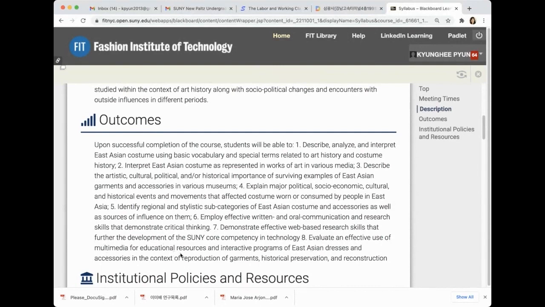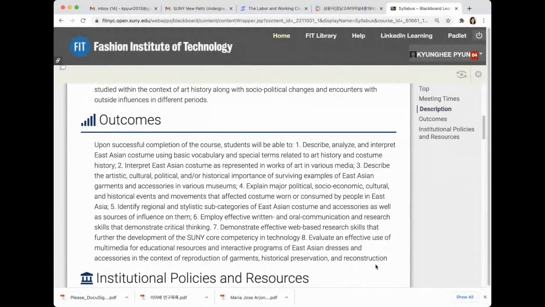And I think number 8 is important for your continuous learning. What we are accomplishing this semester, only 15 weeks, will be fundamental basics, and you get acquainted with the materials and resources. Eventually you should be able to do your own learning.